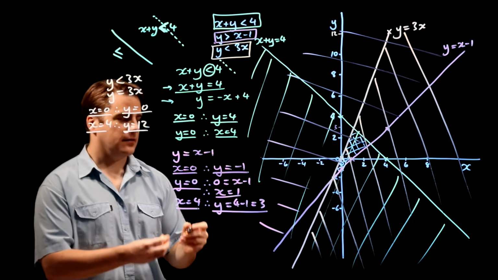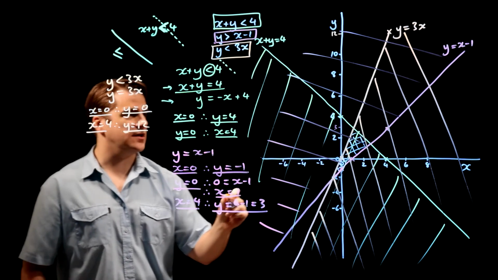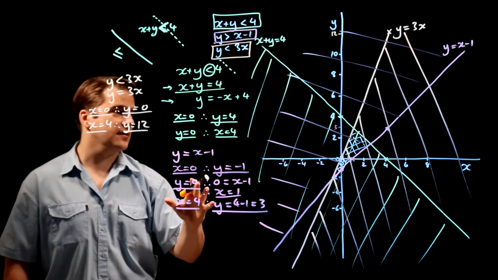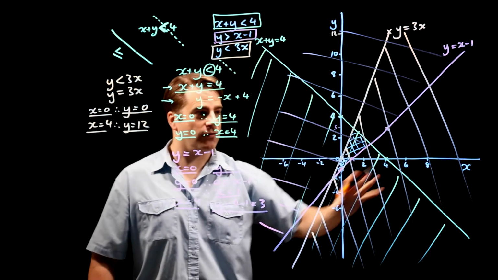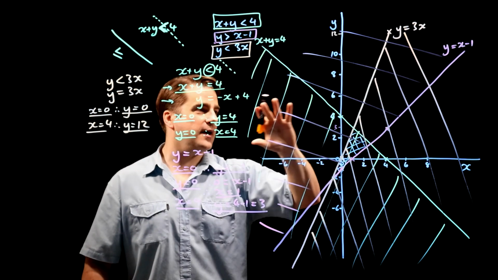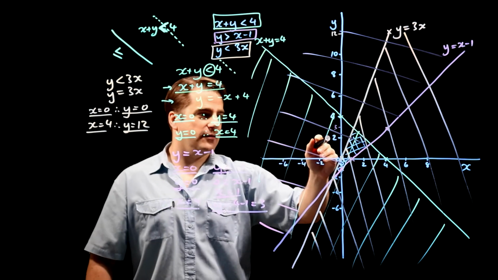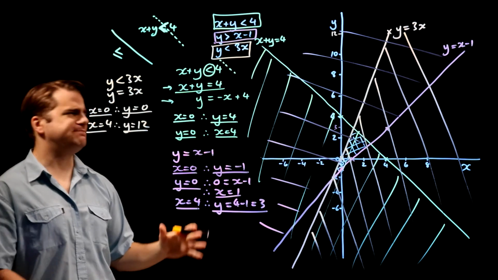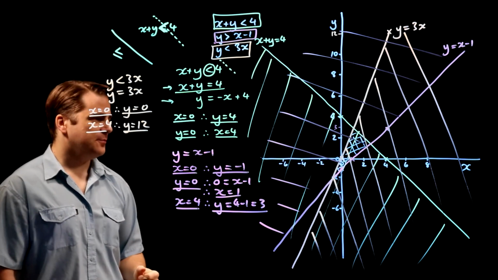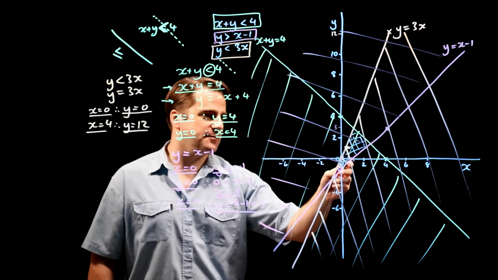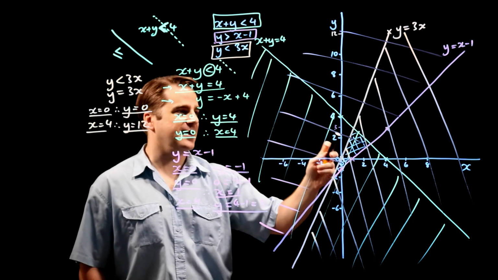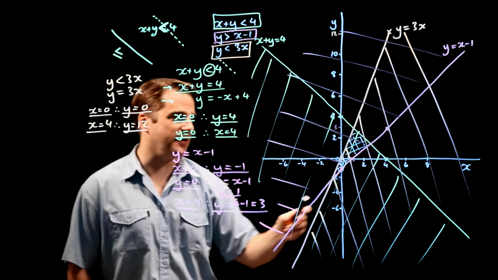Okay? And therefore, the only region that satisfies those 3 inequalities is the region which is shaded by all 3. The region that has all 3 colours on it that I've just shaded is the region that satisfies those 3.